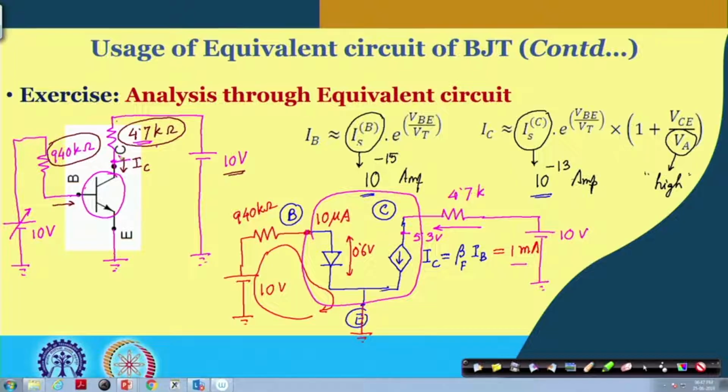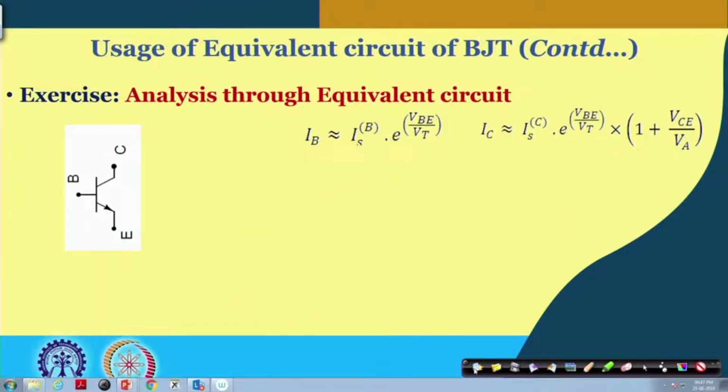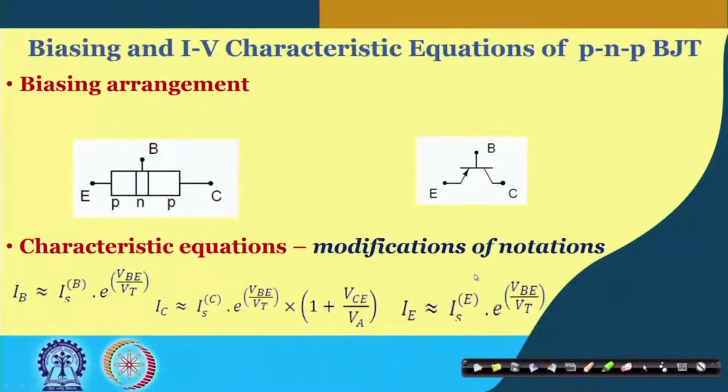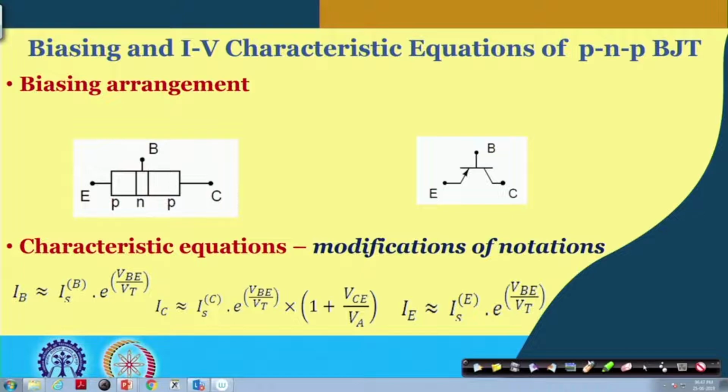Now, so far we are considering the NPN transistor. If you look into the PNP transistor on the other hand, it is very similar, but of course, the 3 islands or 3 regions are different. Namely, we do have P region, then N region, and then P region.